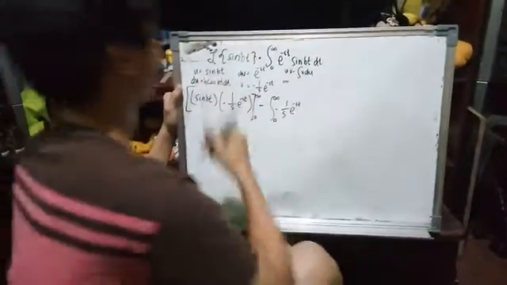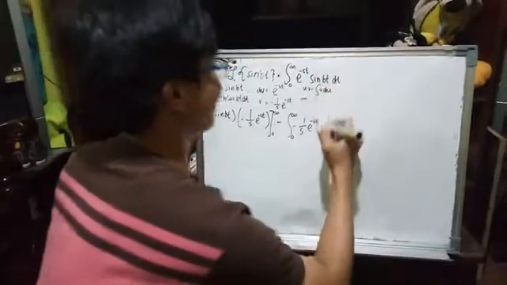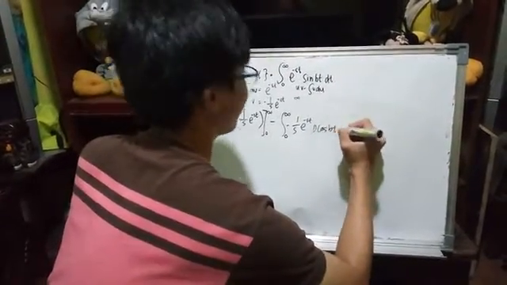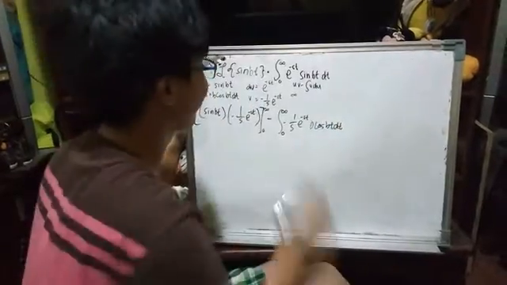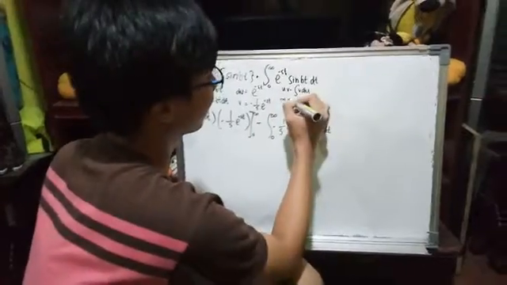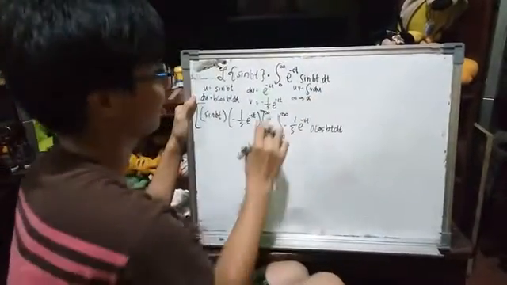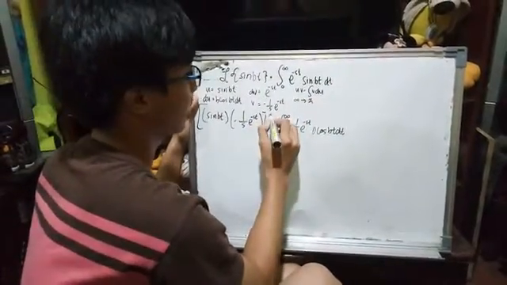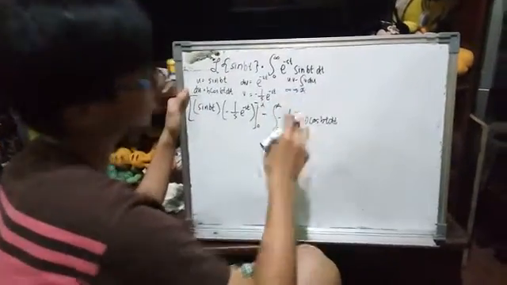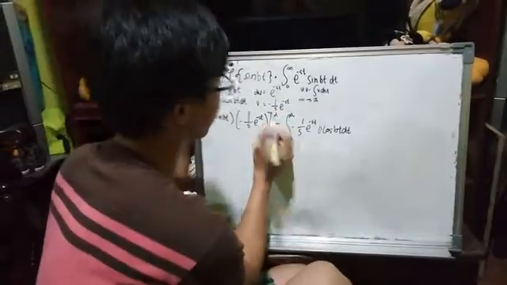Sorry, the du is b cosine bt dt. So I will change the infinity to a. Let's just assume that a is a very large number.